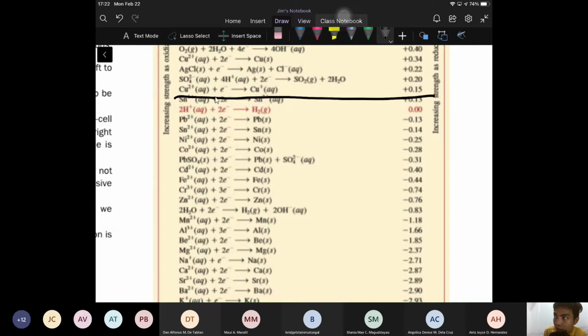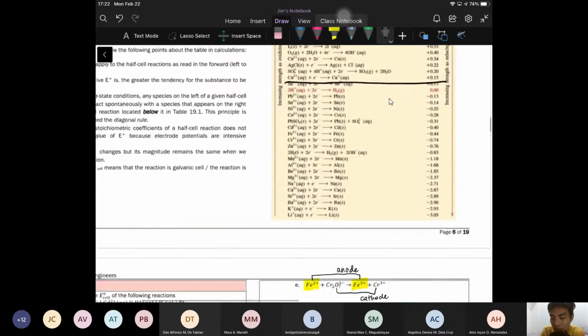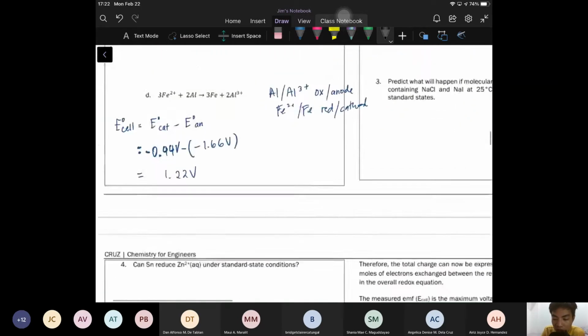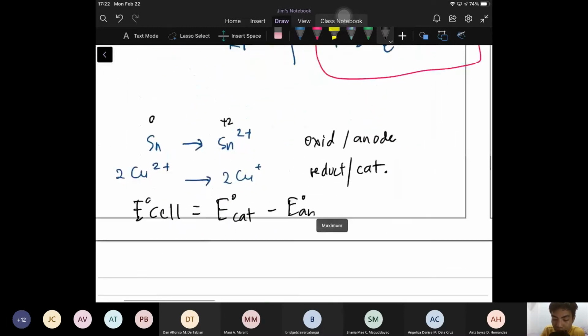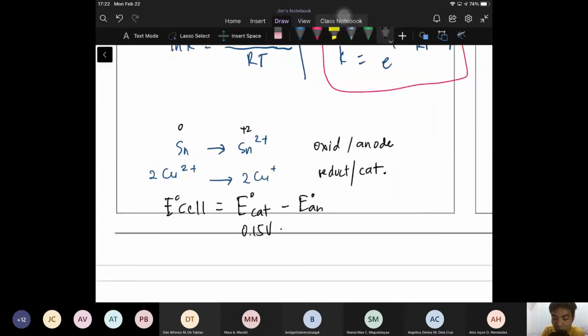So ito yung ating E-cell for copper 2 plus copper. Again, be careful kasi maraming uri ng equations dyan. Tignan lang yung copper 2 plus and copper. So ang cell potential niya would be 0.15 volts. Sulat natin dito, 0.15 volts minus yung anode.